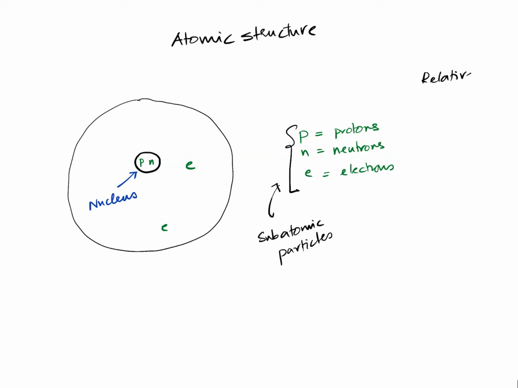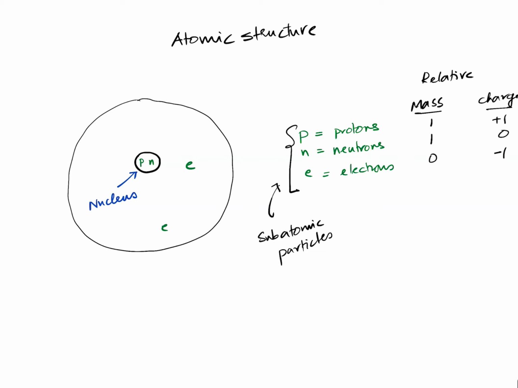Relative mass and charge. The relative mass of a proton is 1. The relative charge of that proton is +1. The relative mass of a neutron is also 1, and the relative charge of the neutron is 0. The relative mass of an electron is 0, and the relative charge of an electron is -1.